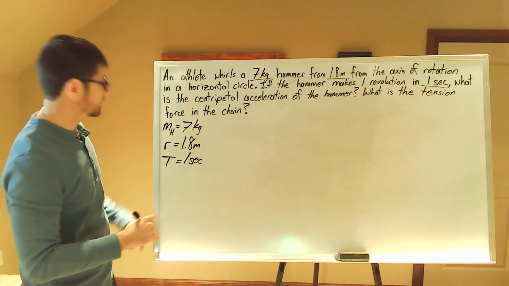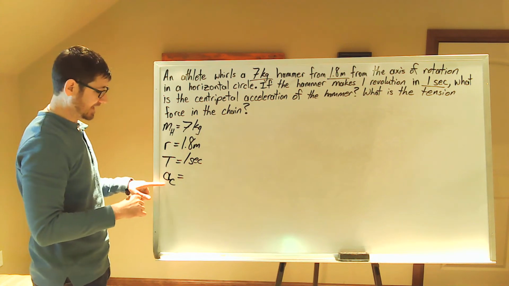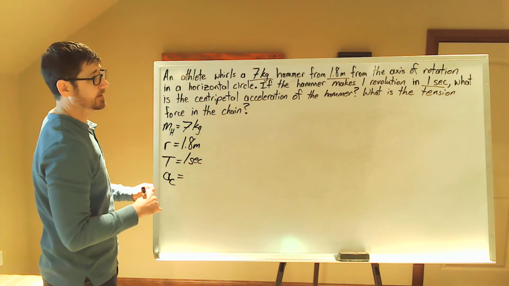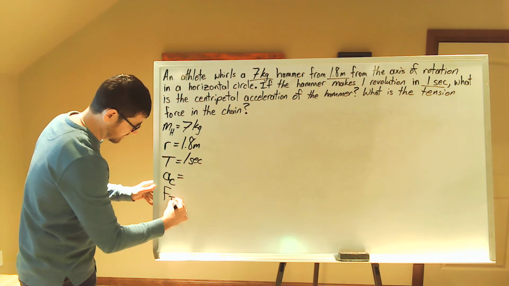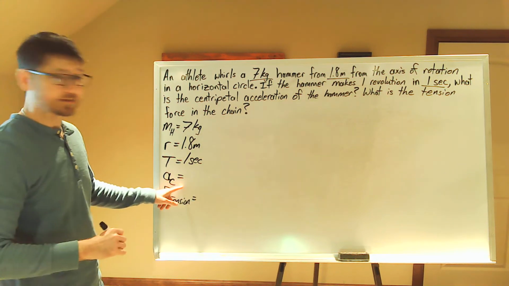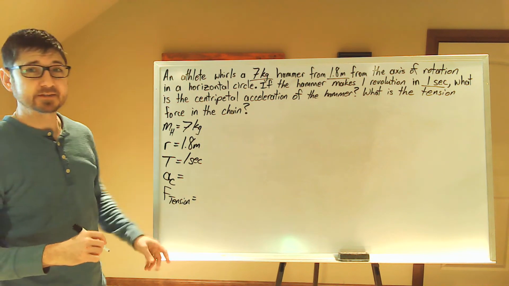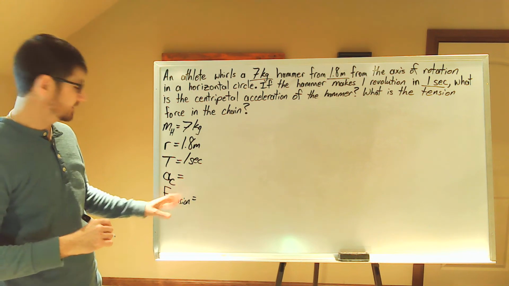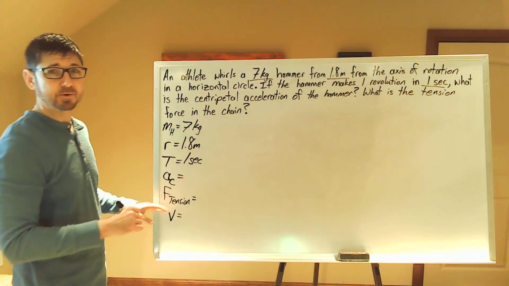It wants us to calculate the centripetal acceleration of the hammer, a sub c, and then the tension force in the chain, so force of tension. Before we can calculate the centripetal acceleration, we're going to need to calculate the velocity of the hammer. So that is an unknown, so I'll put that there too.